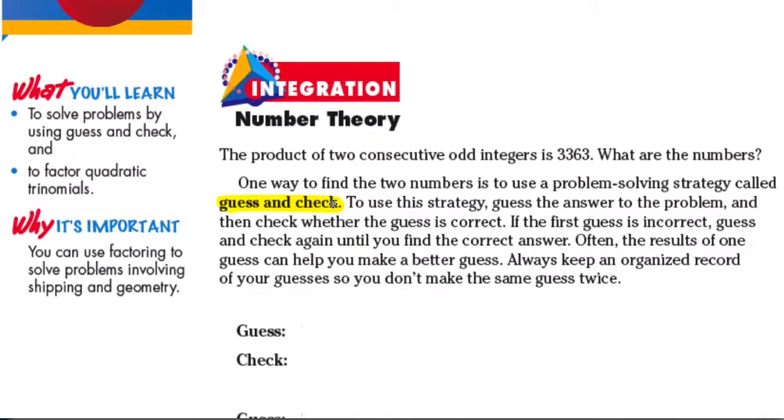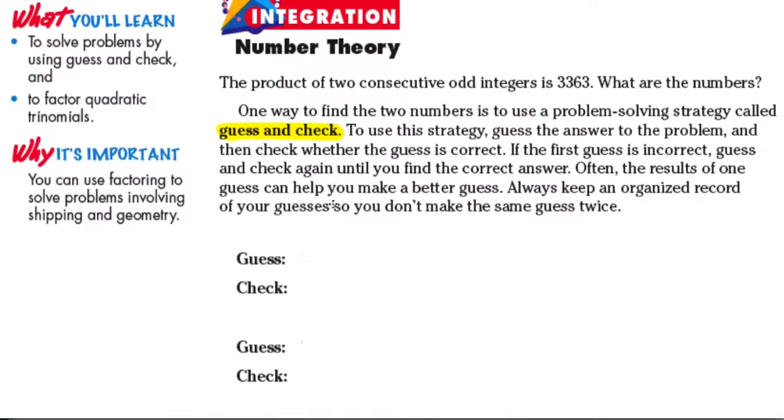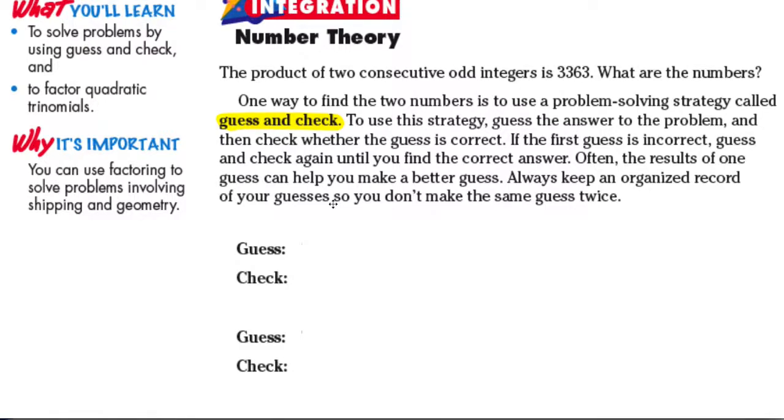So you want to find two consecutive odd integers whose product is 3,363. We first make a guess.